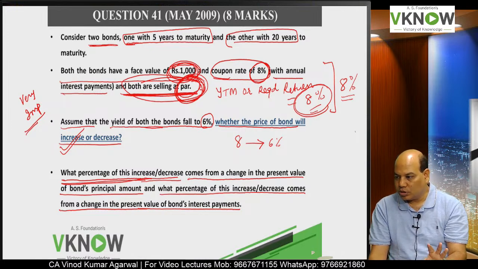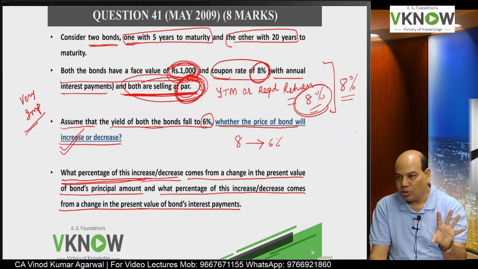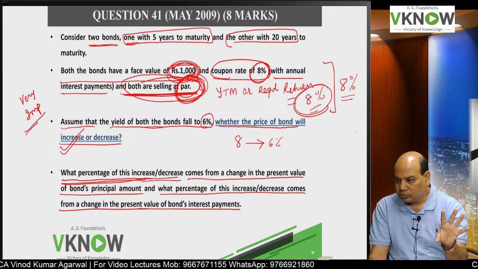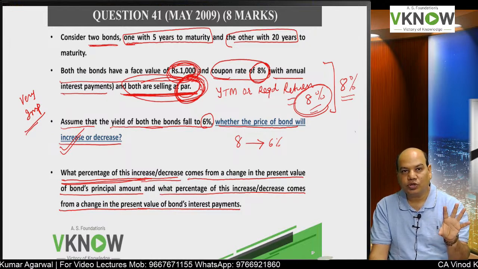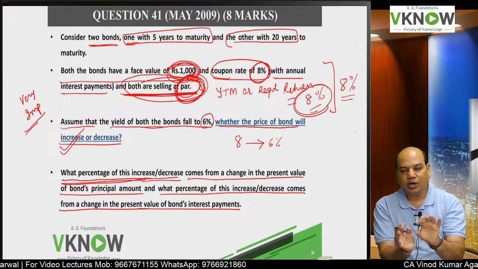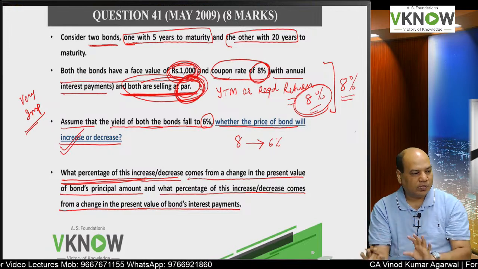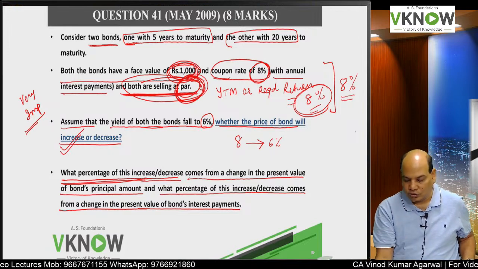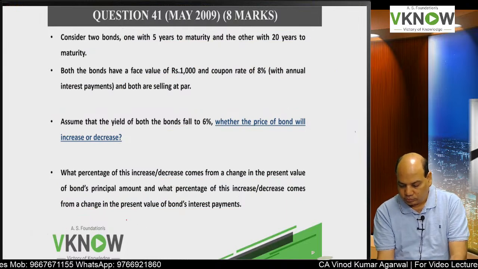So what portion is due to change in present value of the coupon, and what portion is due to change in present value of the principal? You have to identify how much the coupon has contributed and how much the principal amount has contributed in this change. Okay, so first you write down 2 notes.